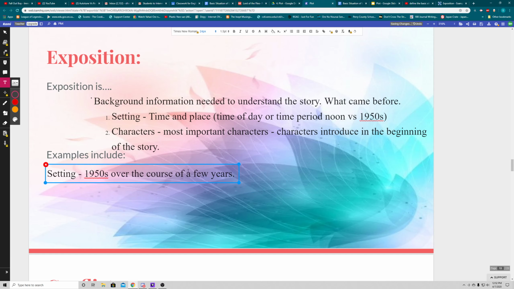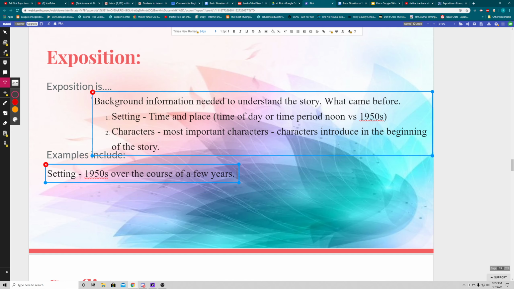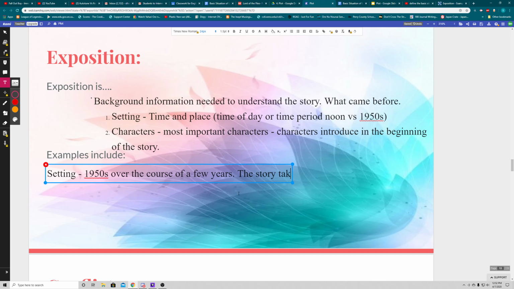So setting would be 1950s over the course of a few years. The story takes place in Macomb, Alabama. So that would be time and place.